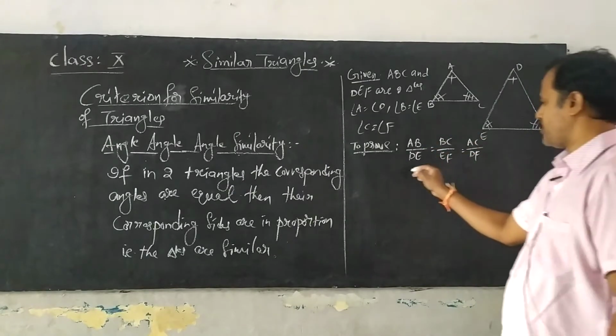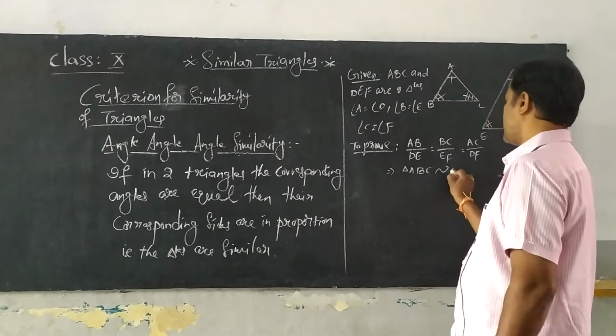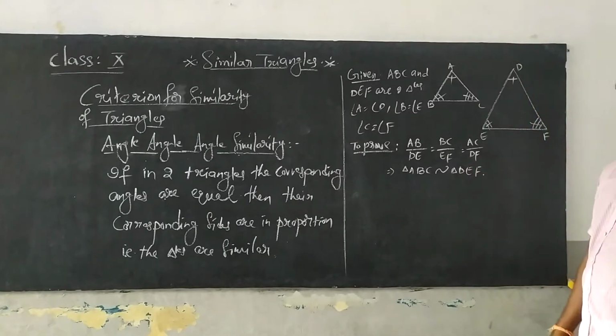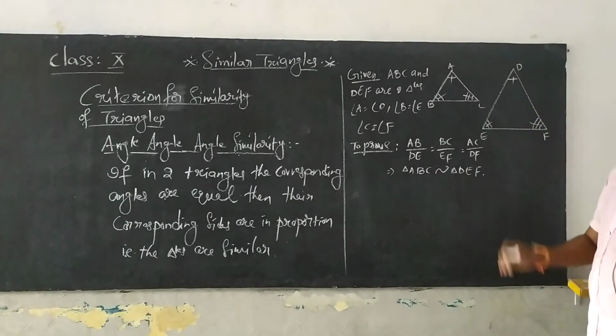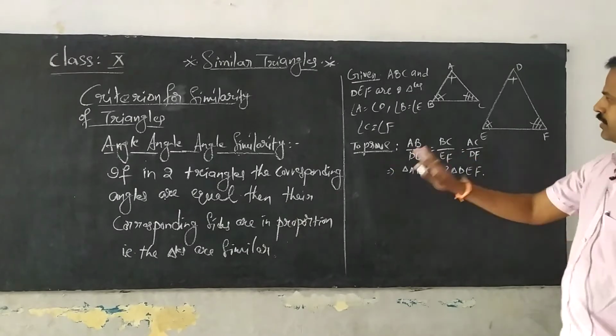So by this what do we prove? This implies triangle ABC is similar to triangle DEF. Is that clear, guys? This is what is given to us.